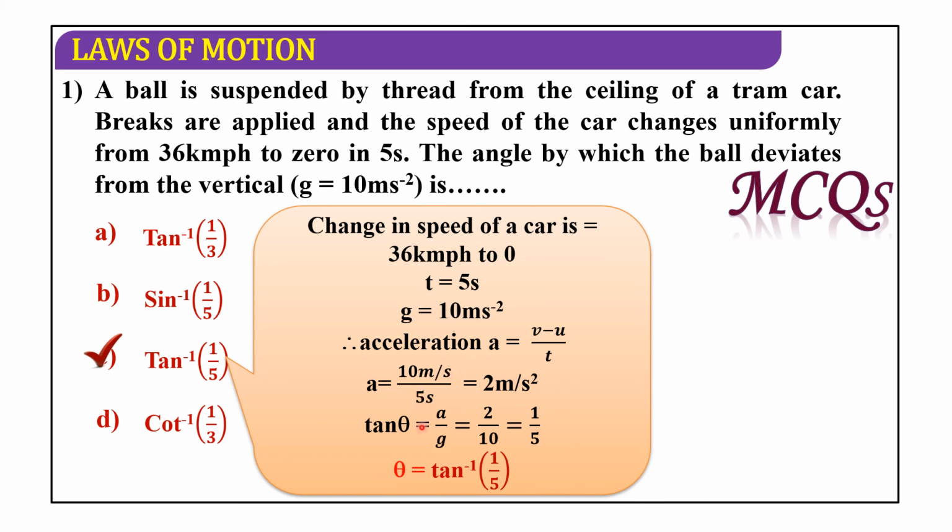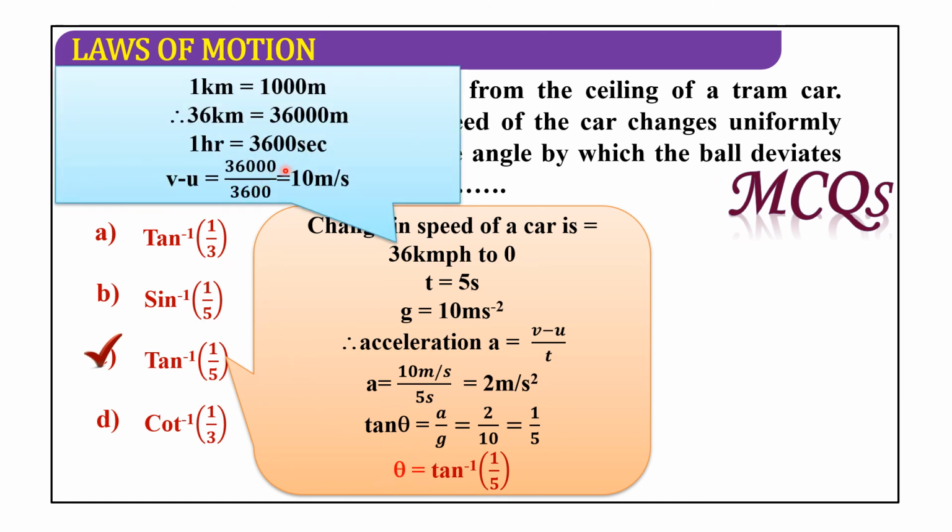So 10 by 5, that is 2. Tan theta is equal to a by g. a is 2 meter per second square, that is the acceleration, and g is 10. 2 ones are 2, 2 fives are 10. So 1 by 5. So tan theta is equal to 1 by 5. Theta is equal to tan inverse of 1 by 5. This is the angle by which the ball deviates from the vertical.